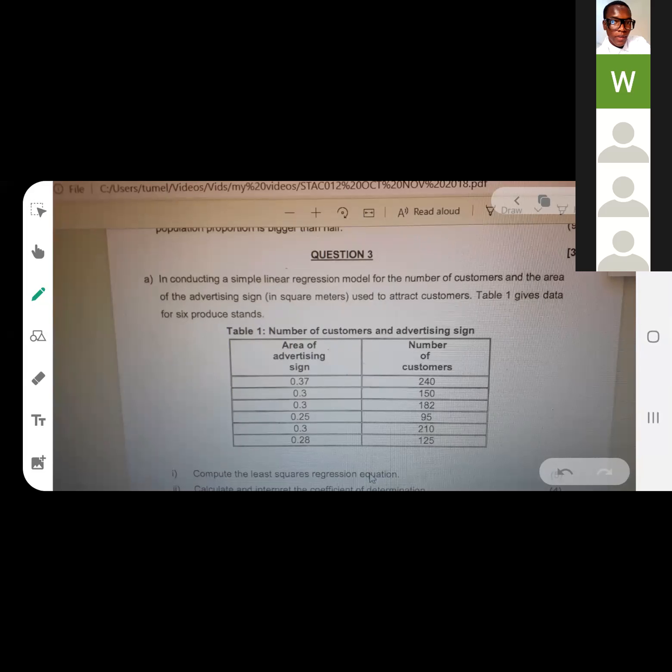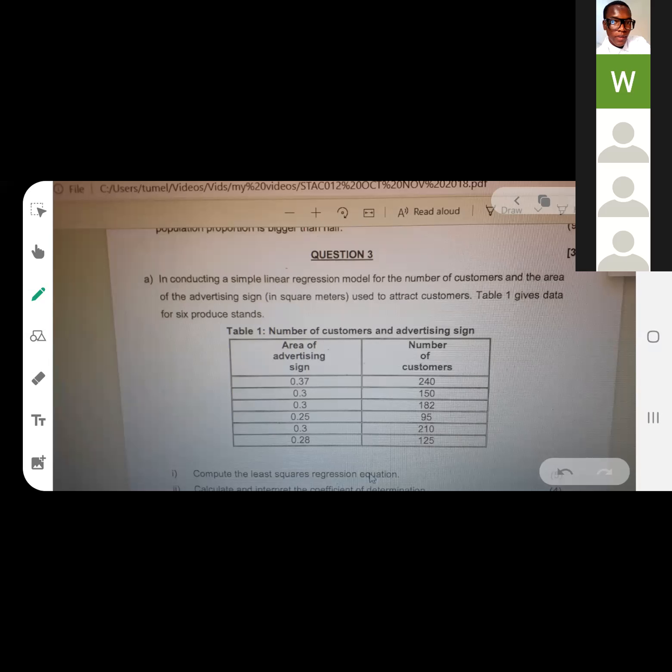In conducting a simple linear regression model for the number of customers and the area of the advertising sign in square meters used to attract customers, the following information was given. Table 1 gives data for 6 produce stands. So that table shows the number of customers and the advertising sign, right?